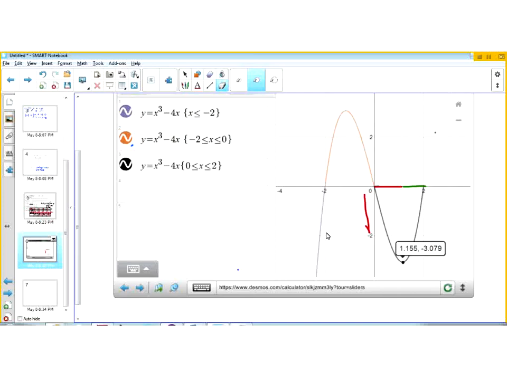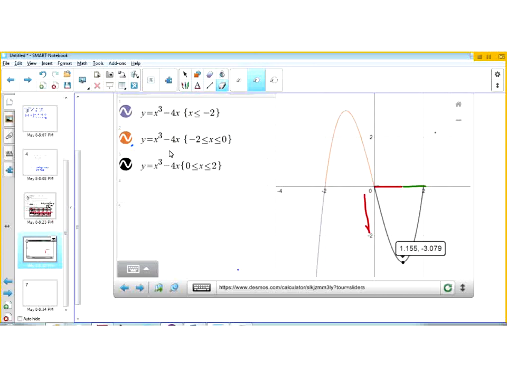A local minimum is essentially a transition point from where the function is decreasing to where the function is increasing. So if you see that kind of characteristic of the function from decreasing to increasing on an interval, then that transition point is a local minimum. Okay, so this is a local minimum.